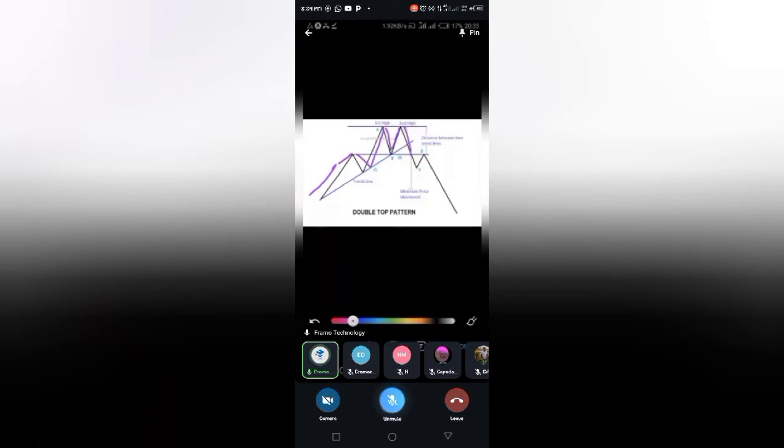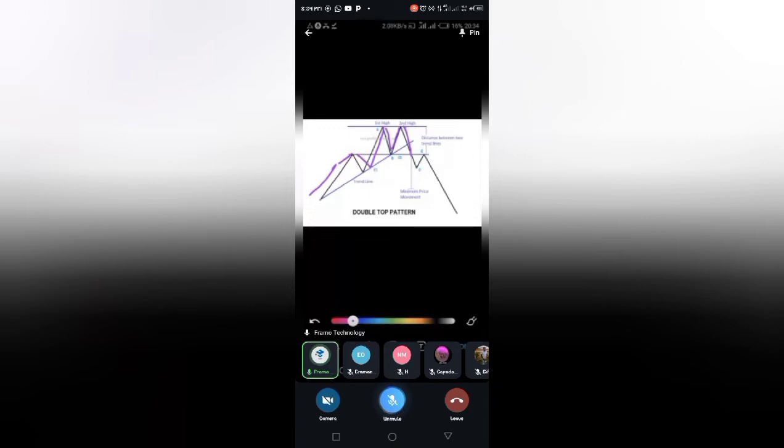So when looking for a double top, you should note that the asset will be moving in an upward direction. Then it will go and hit a resistance, leave two peaks. Then there will be one low separating them.